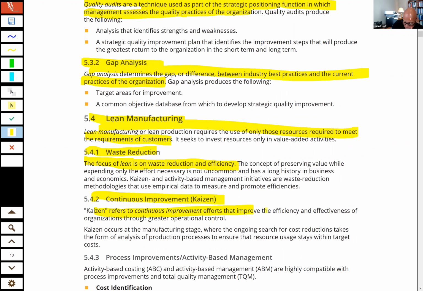That refers to continuous improvement. Why don't you go ahead and flashcard that Kaizen is also another term for continuous improvement. Okay, and Kaizen occurs at the manufacturing stage. Ongoing cost reductions.